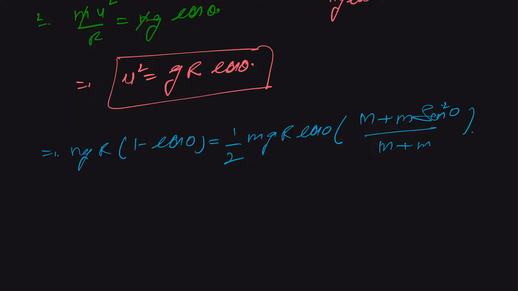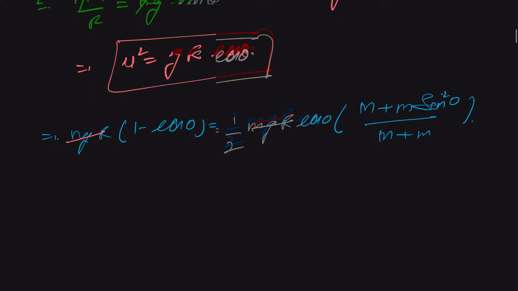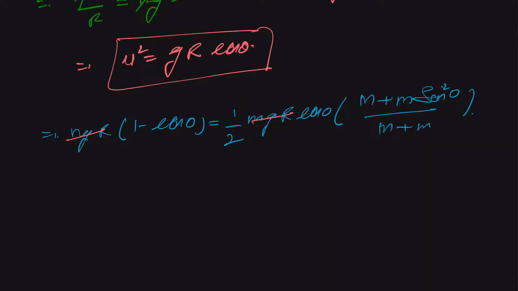And so we can cancel out this mgr. If we solve this, we can multiply.